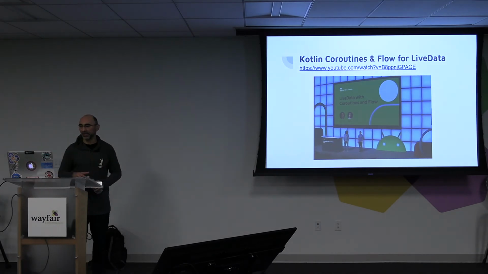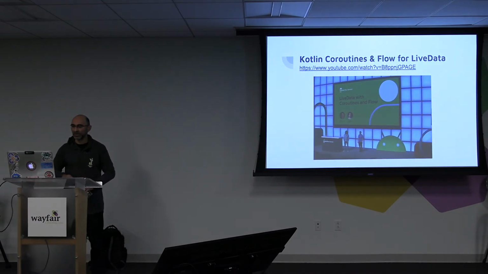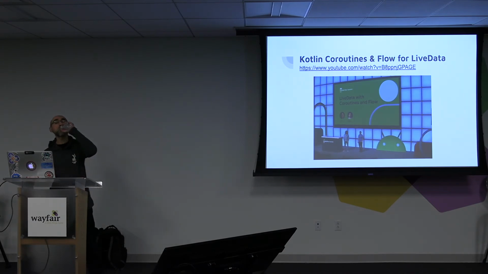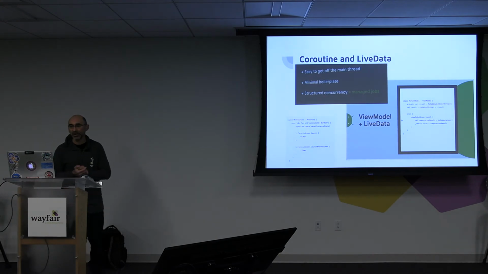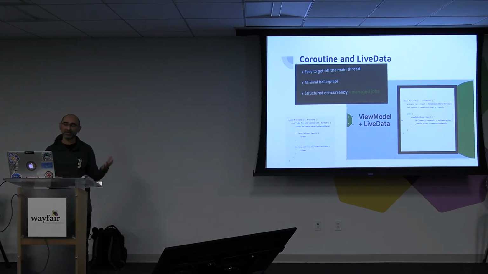Now, this talk was given at the Dev Summit, I think a couple of weeks ago, and they talked about how coroutines and Flow are being used with LiveData. I really encourage you to watch this talk. I don't have time to go through all of the details of what they talked about, but just some highlights. Now that we have coroutines, it's really easy to have our work done off the main thread. It removes boilerplate, but what it really does is structured concurrency and allows us to manage our jobs.